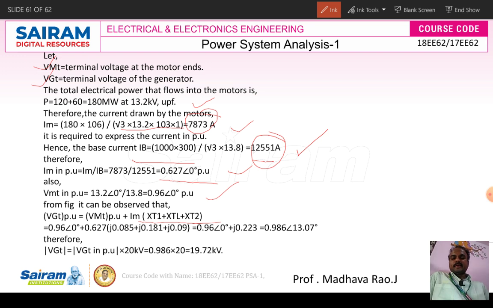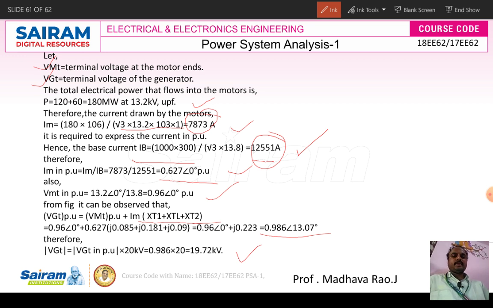VGT finally we got 0.986 at an angle of 13.07 degrees. The actual value is the modulus of VGT in per unit into 20 kV, so the actual generator voltage is 19.72 kV.